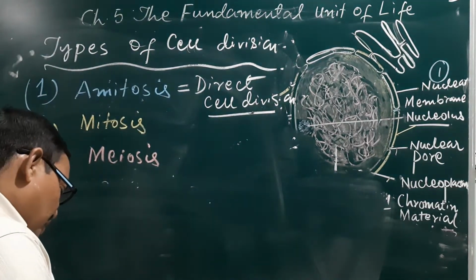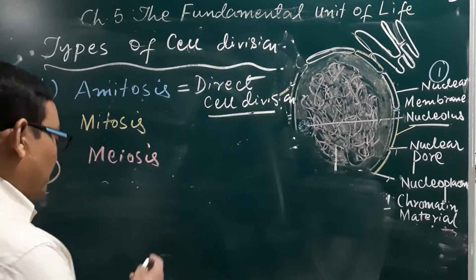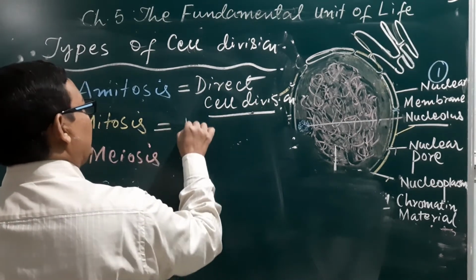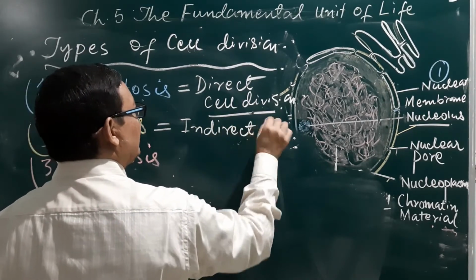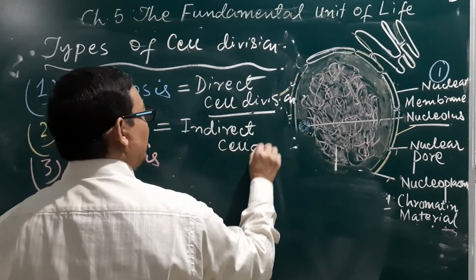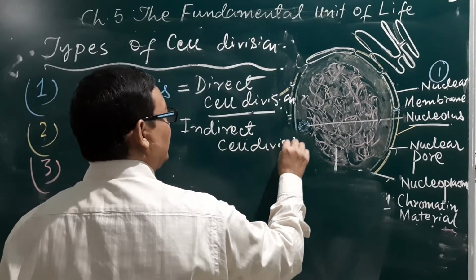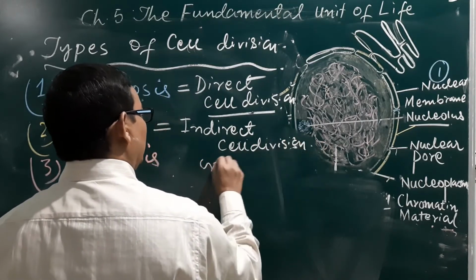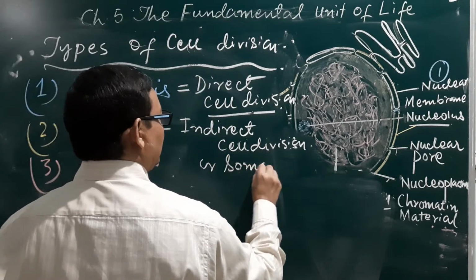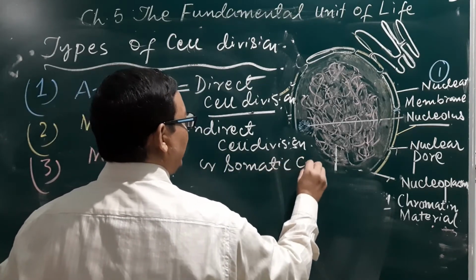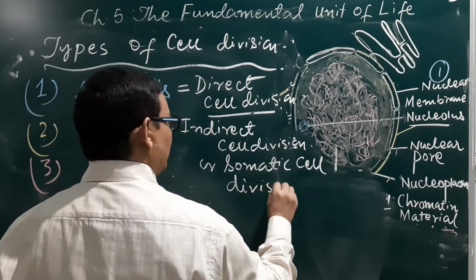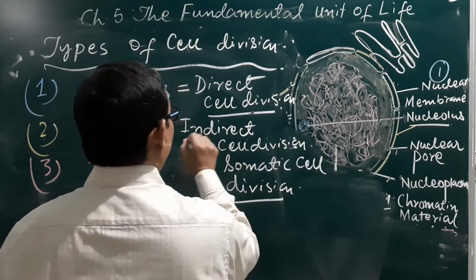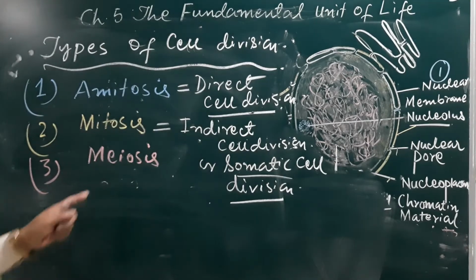And this mitosis is known as indirect cell division, and also somatic cell division, because it takes place in the body cells or somatic cells. That is why it is known as somatic.